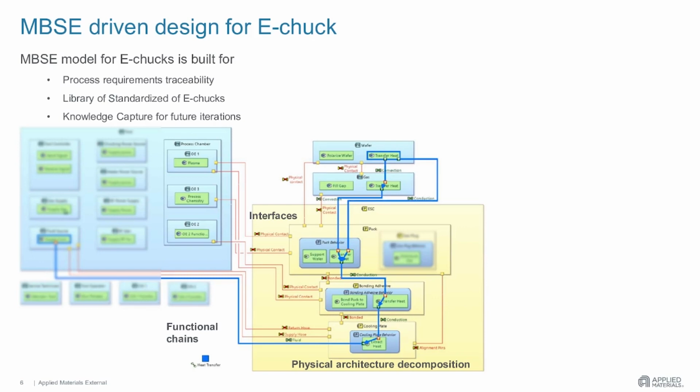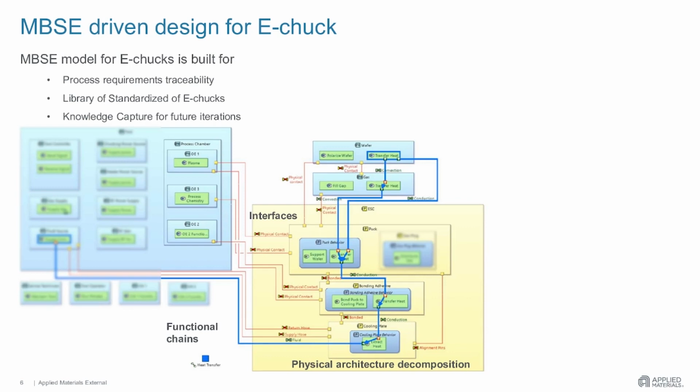So, just like Neela explained to us, electrostatic chucks are a very critical component in our equipment and have a big impact on the performance of our machines, which then leads to the performance of the chips that we make using these machines. So, when we started off our MBSE adoption journey and we were looking at the right type of projects and products to utilize this methodology on, electrostatic chucks were a very good candidate for us for a few reasons.